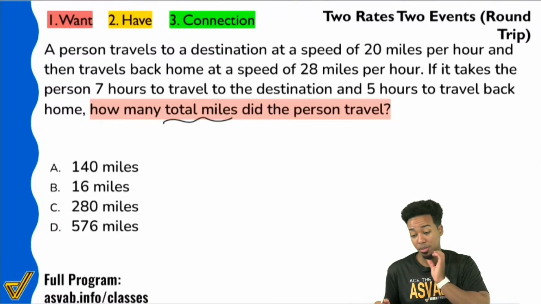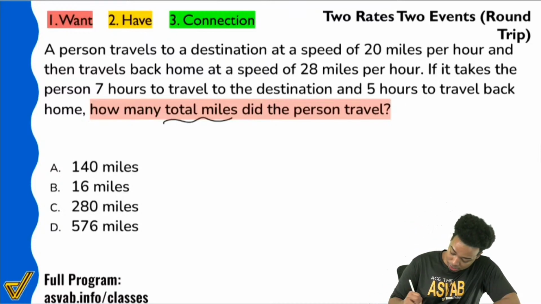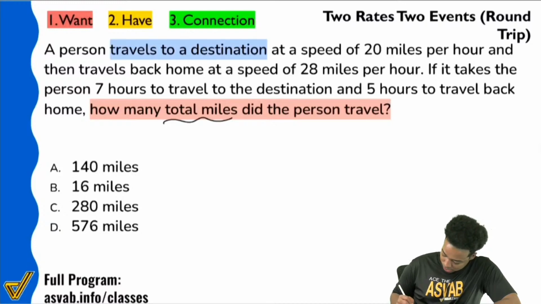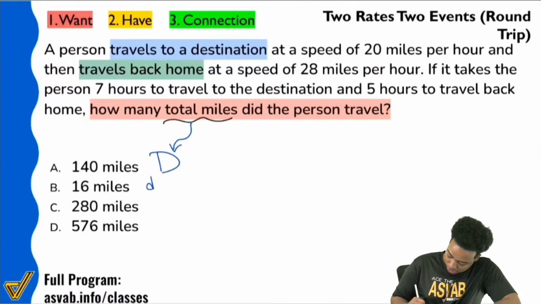Is that what it means? Right? So easily, if we look at the stuff here, it says travels to a destination and then travels back home. So it sounds like the total miles is going to be the distance to the destination plus the distance back home. Is that true, everybody?